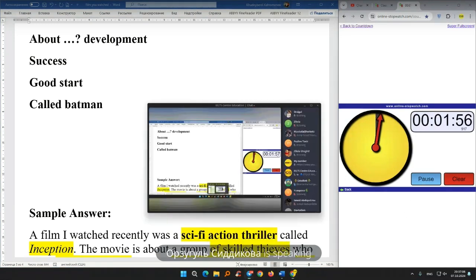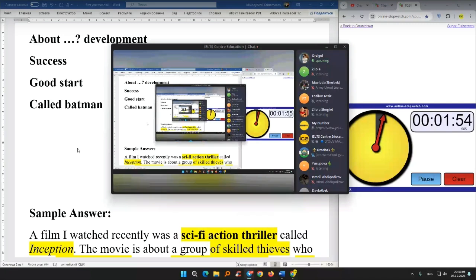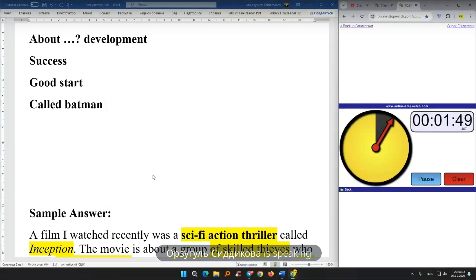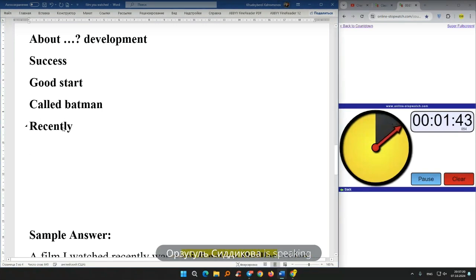Oh, okay. The movie that I recently watched is Bridgerton. I watched it by myself during the summer. Bridgerton is an American historical romance television series.